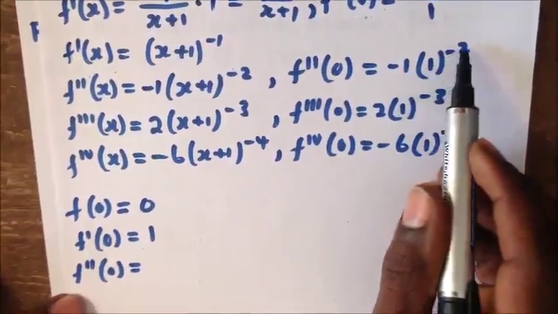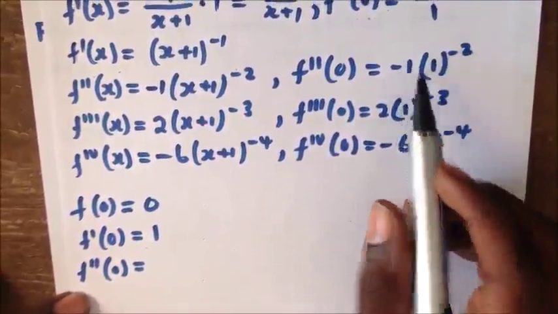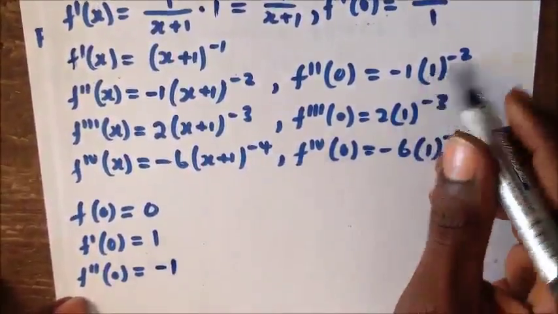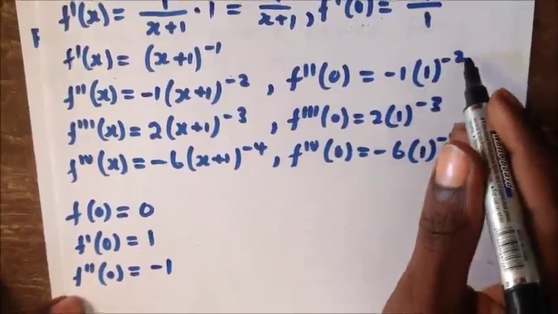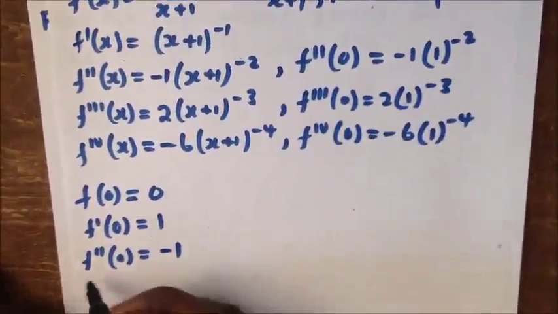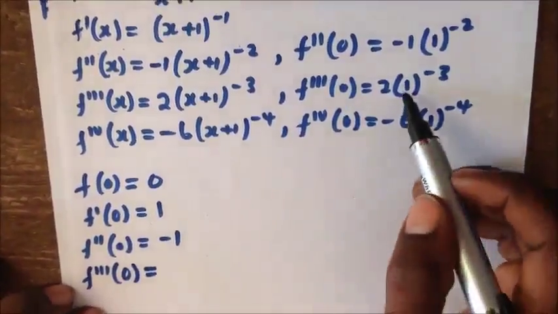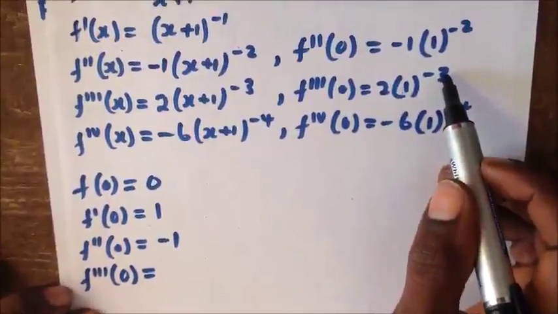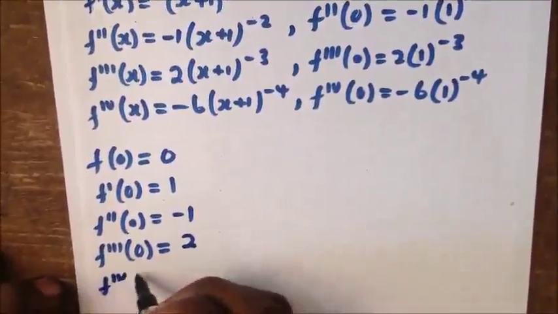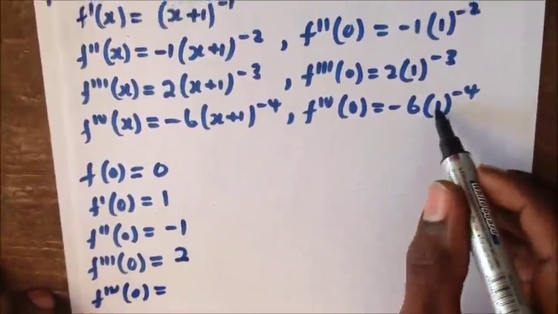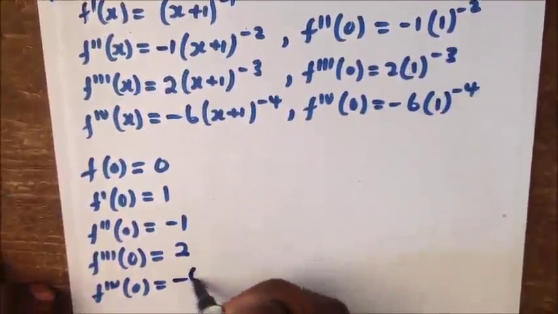So we have to take the power first. 1 raised to the power negative 2 is equal to 1, because 1 raised to any power is 1. Then 1 times negative 1 is negative 1. Then f triple prime of 0 is equal to 1 raised to the power negative 3, which is 1, then 1 times 2 is 2. Then the fourth derivative of 0 is equal to 1 raised to the power negative 4, which is 1, then 1 times negative 6 is negative 6.